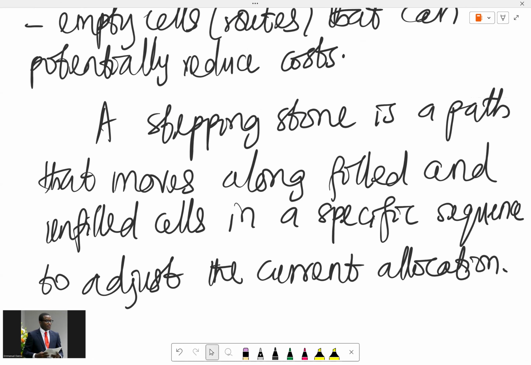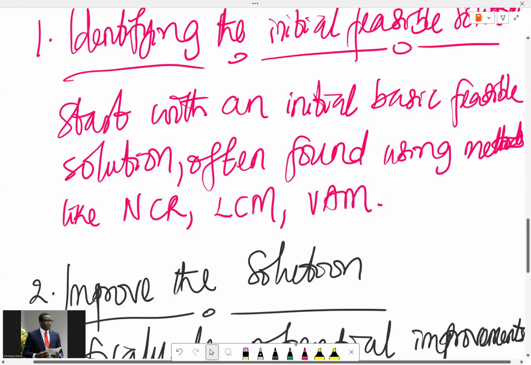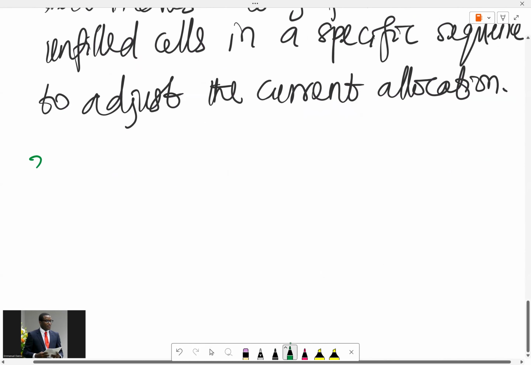Now we have the third step, which is all about the iterations.